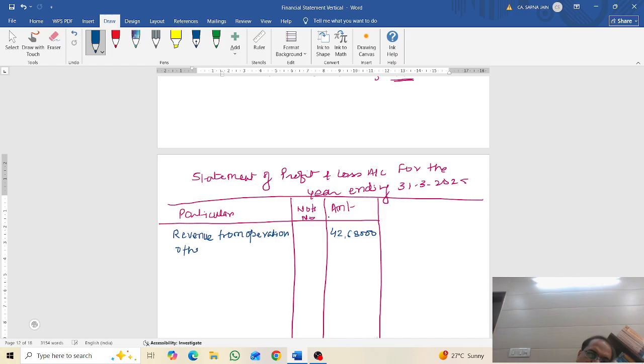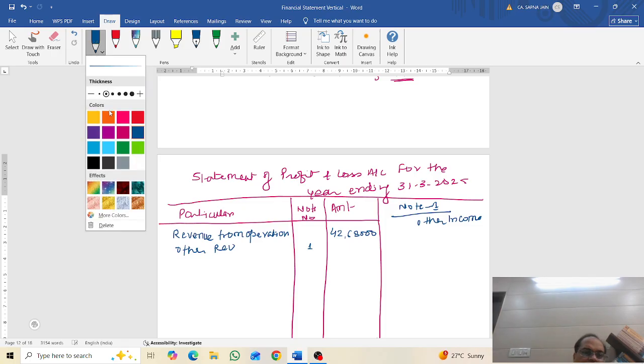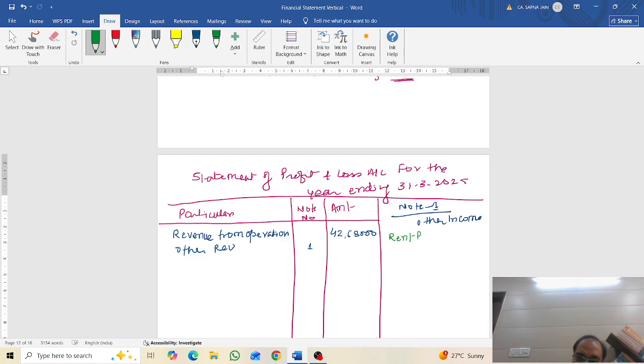Next is other income or other revenue. So now prepare note number 1 for other income. In the question, two types of other income are given. Number one is the rent receipt, 46,000, and number two is the transfer fee, rupees 10,000.